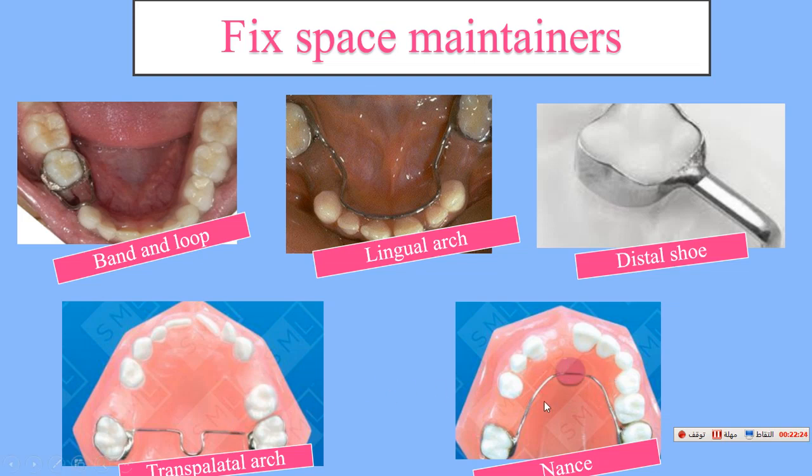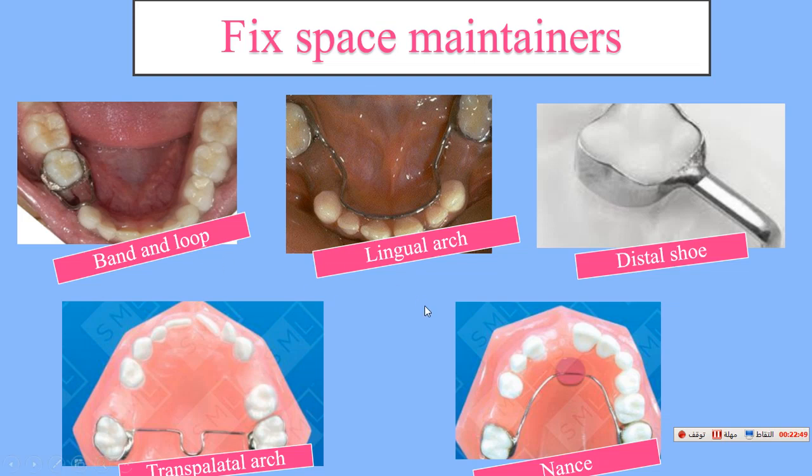The advantage of this design is that it can be used for distalization of the molar. After we use this design, we put a U-loop here, and we can activate it by opening the U-loop. This opening can lead to distalization of the first permanent molar, so it can be active.